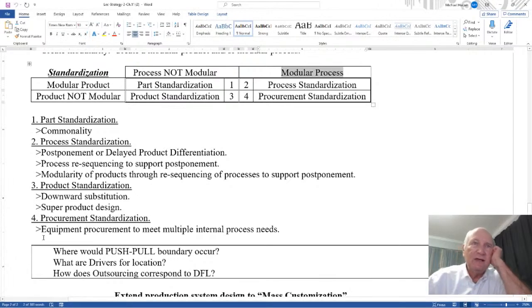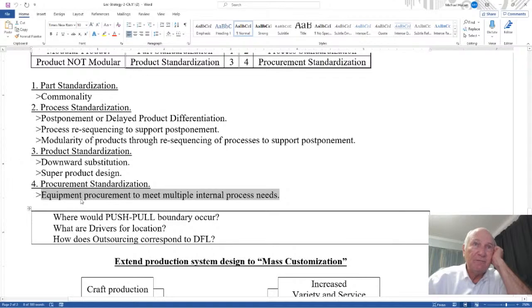Okay, and so in some of the more specialized engineering type manufacturing areas, procurement standardization is pretty popular. I toured one time a company that made trailers, and they made each trailer individually.